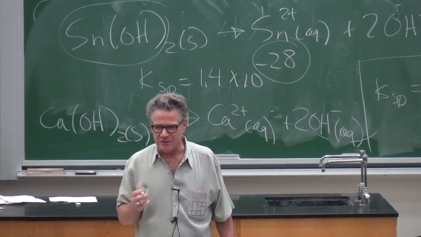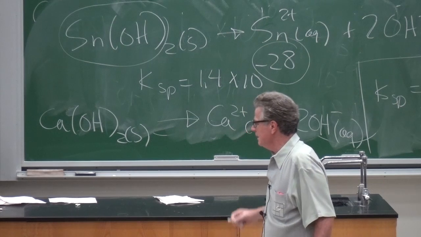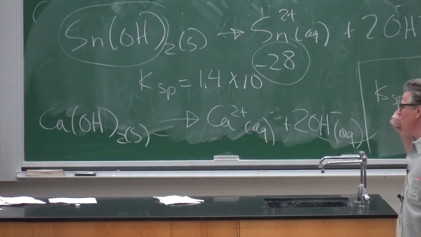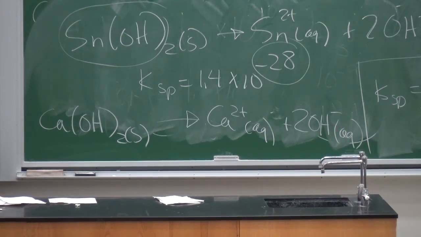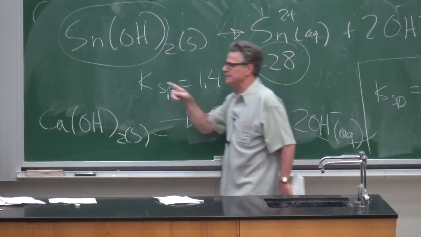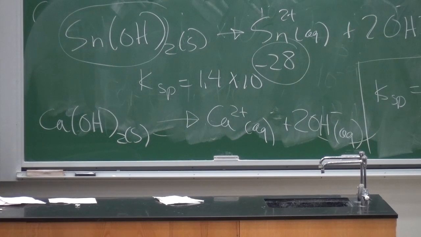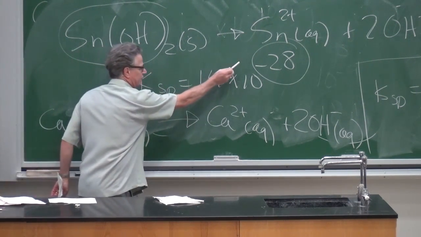Key conclusion from the KSPs: tin hydroxide is way less soluble. So now we can understand why I predicted that if I add hydroxide, this reaction will start happening, and the tin will rain down. It will rain down because it is the least soluble.